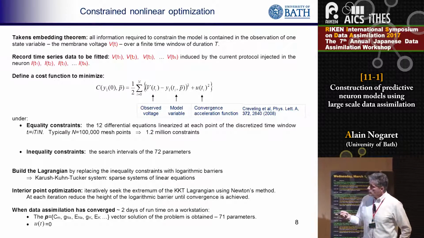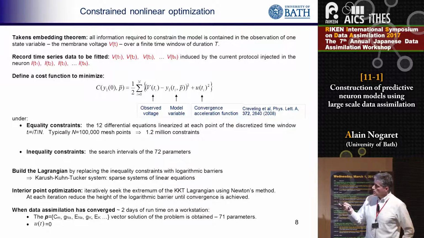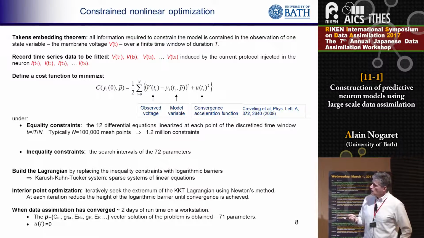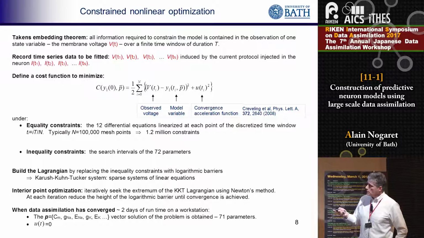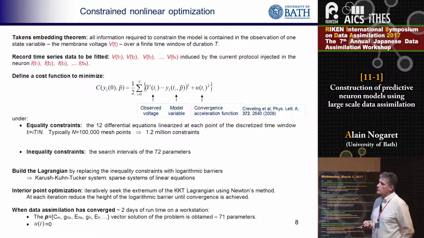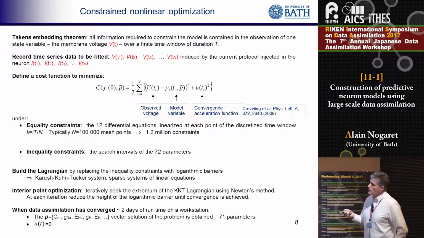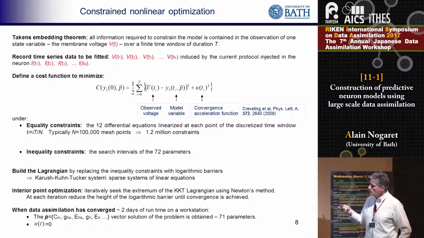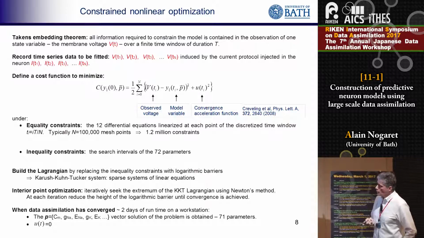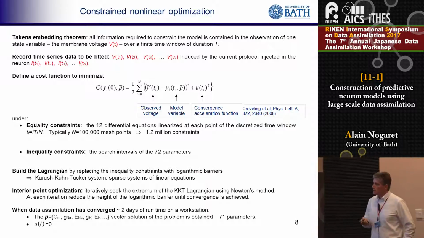Then you build the Lagrangian, including the cost and the constraints, and you include the inequality constraints as a log barrier. And so you construct a so-called Karush-Kuhn-Tucker system of sparse linear equations. And then you iteratively solve this system using Newton's method. On each iteration, you reduce the height of the log barrier until convergence is achieved.